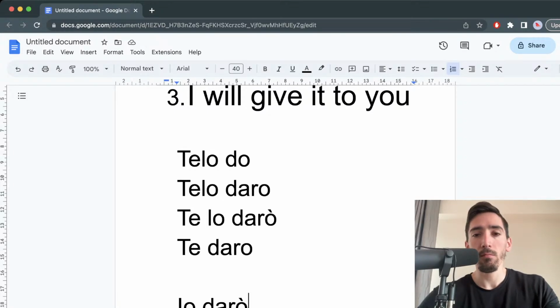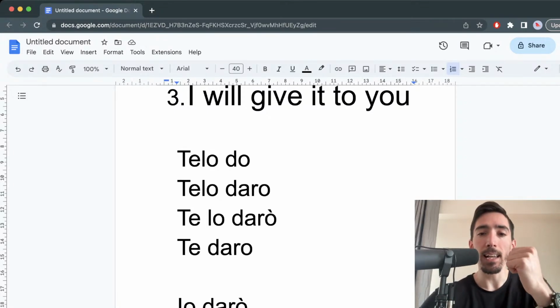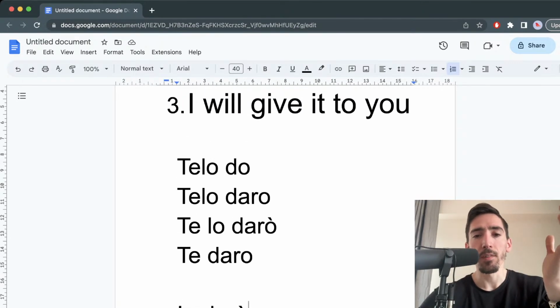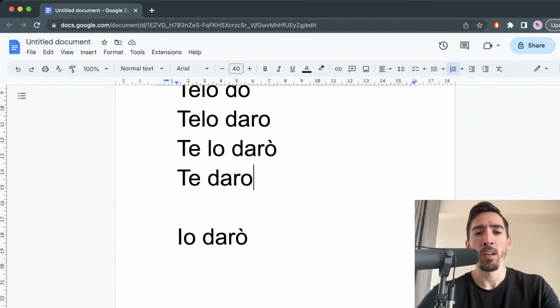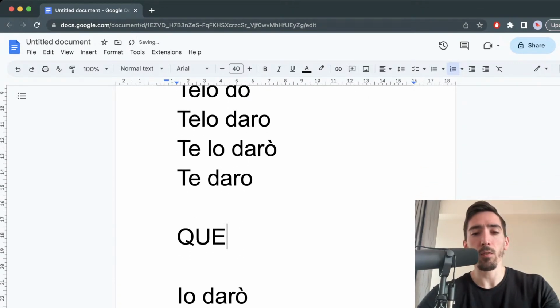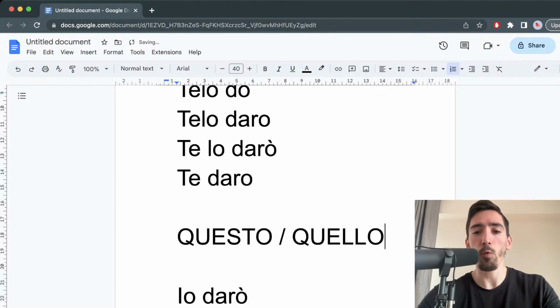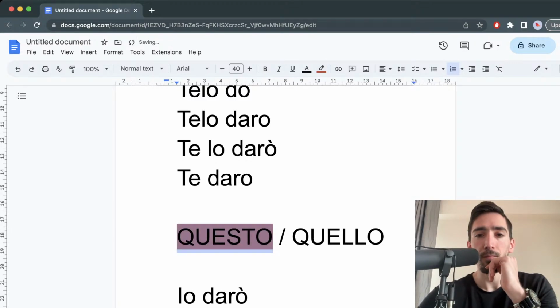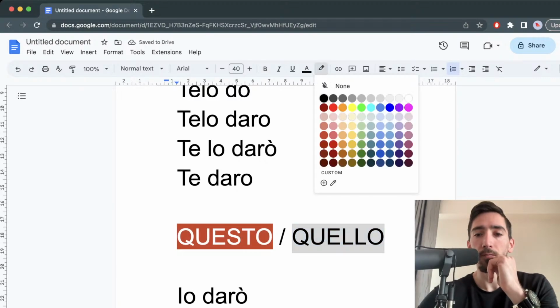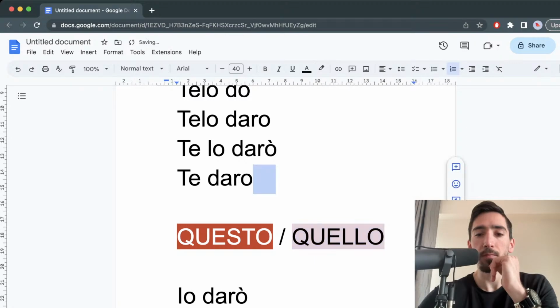Io darò it. It in Italian can be various things, but usually we use this and that, the demonstrative pronouns, this and that. They're so useful. So the demonstrative pronouns is questo, quello. These are so-called demonstrative pronouns. Questo, we'll do it like this, and quello, and we'll do it like this.